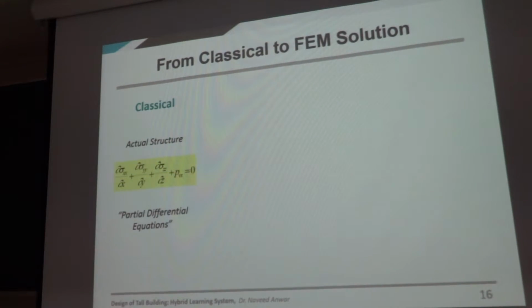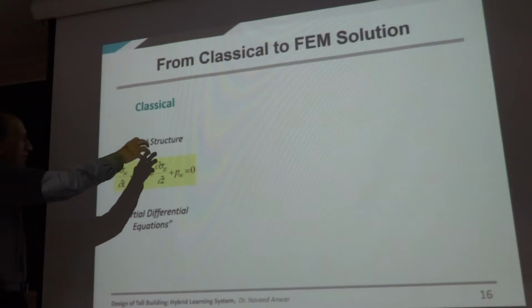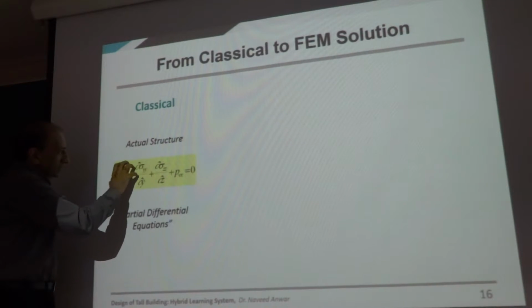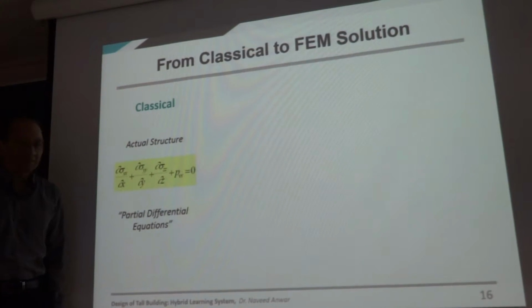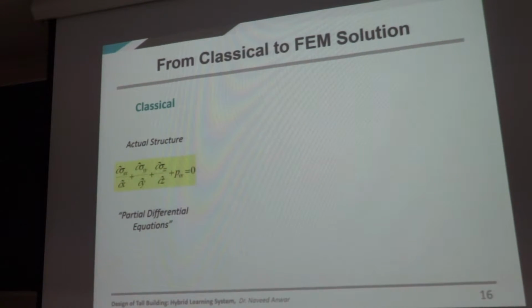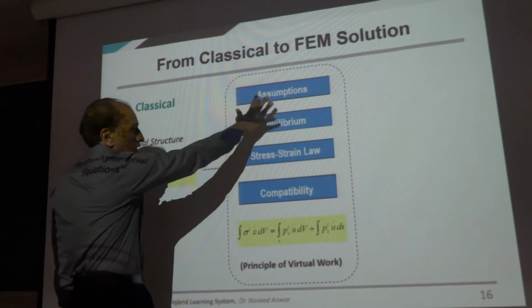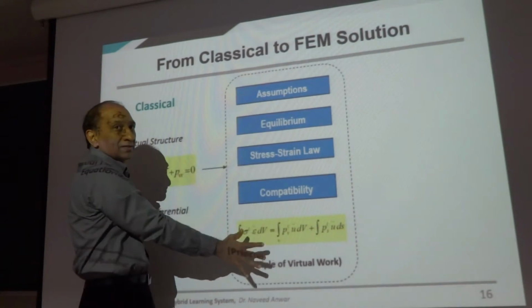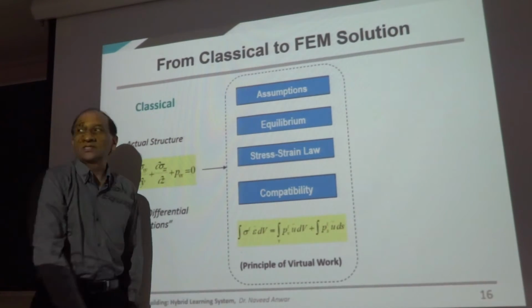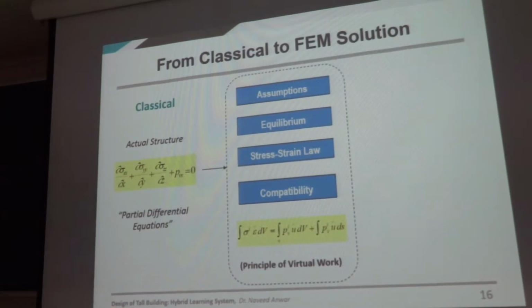So, from the classical solution for the actual structure, which is governed by a partial differential equation, we do some tricks which Dr. Panchit is teaching you, which you should learn from him, how to do this. This dotted line is not my class. This dotted line is Dr. Panchit's class, which converts that into that.